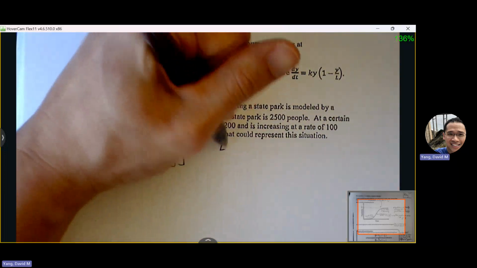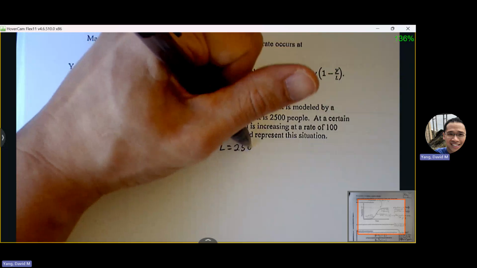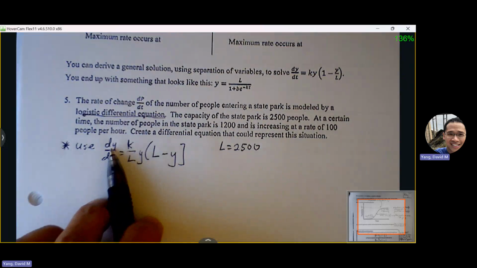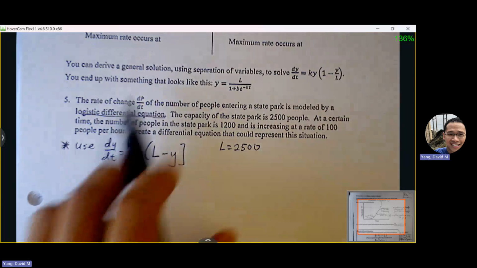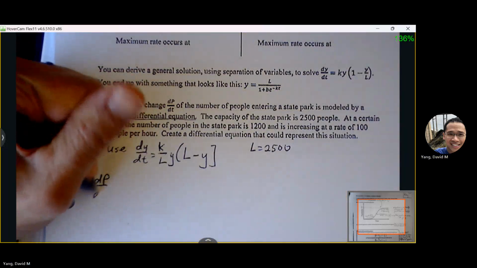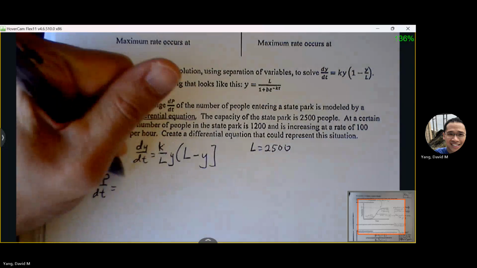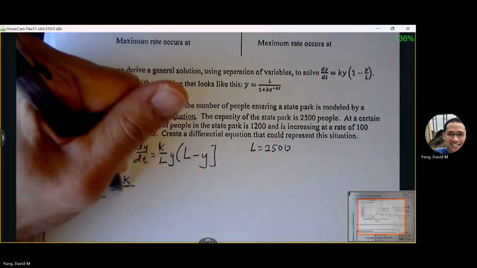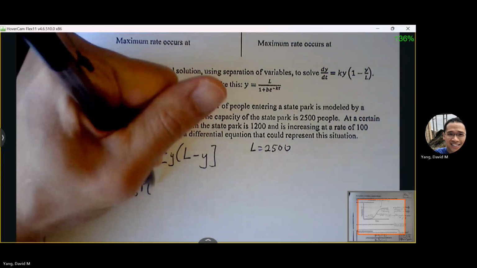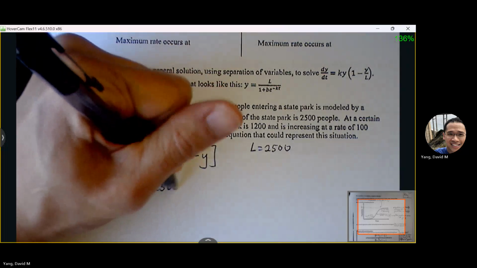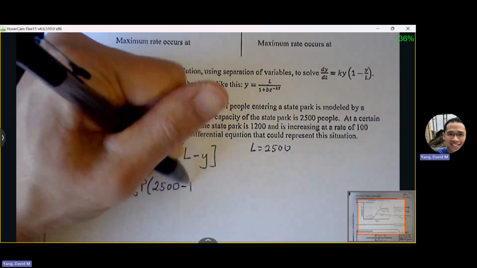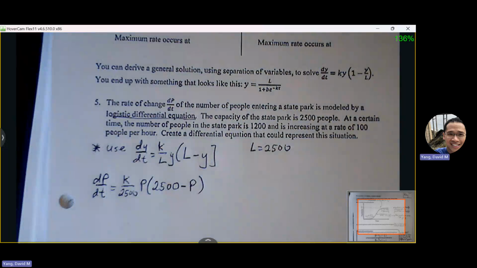So L is 2,500. And then y is going to be population P, right? So I'm going to just update my equation and involve the variables that are referenced in this problem.